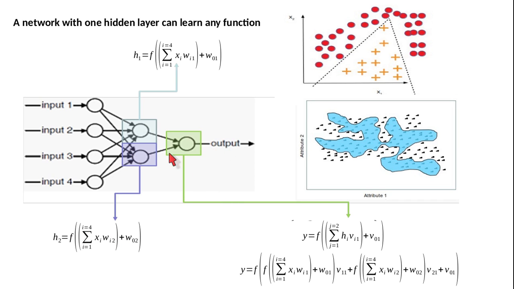The output node behaves as a perceptron that takes as input h1 and h2. And the equation of the output node is given by y is equal to f of the weighted sum of h1 and h2 plus a bias of the output node itself.